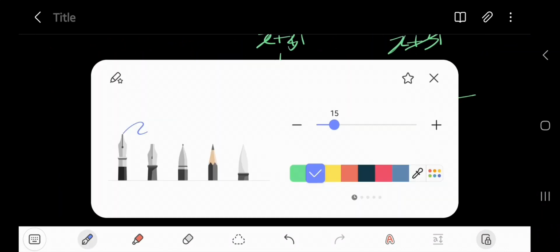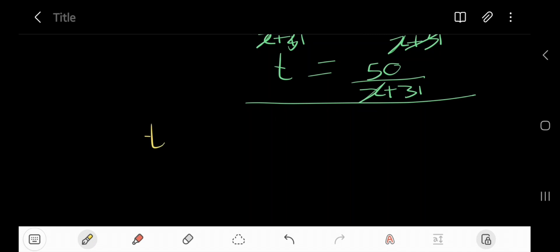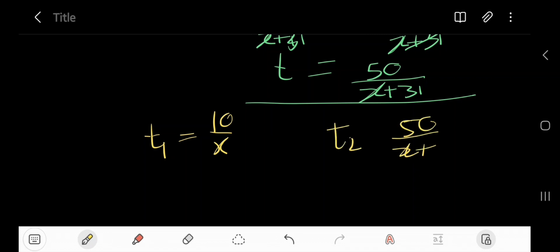So now let's call this time 1, which is 10 over x, for the 10-kilometer run. And we also have our second time, which we've just calculated, which is 50 over x plus 31. Now they want us to express time in terms of the entire race. He's going to run, and then he's also going to cycle. So we need to add those times so we can calculate the time it took for him to run the entire race.